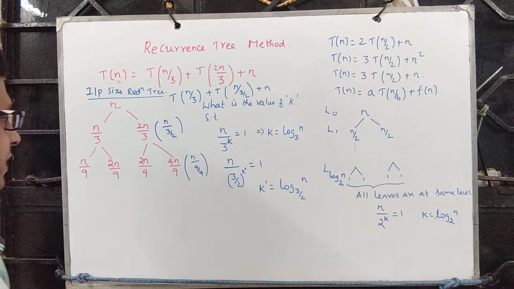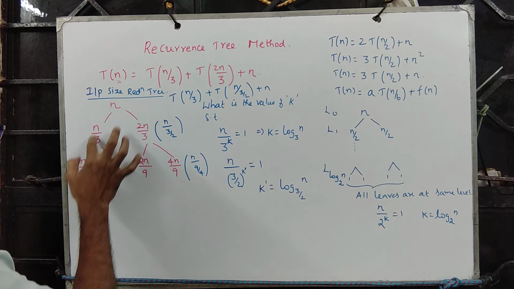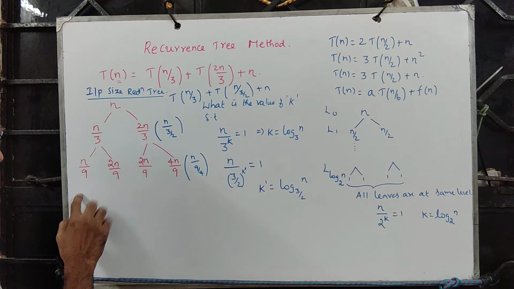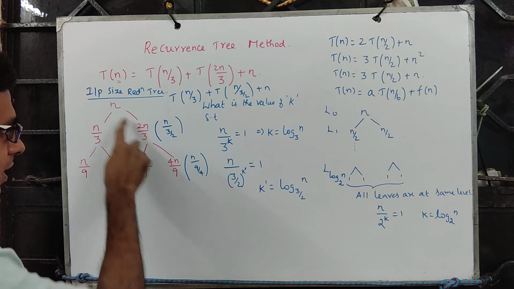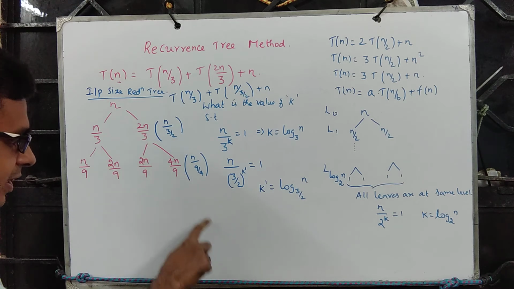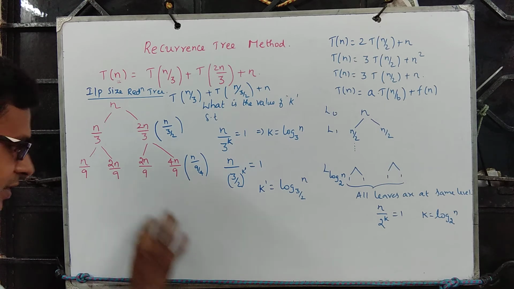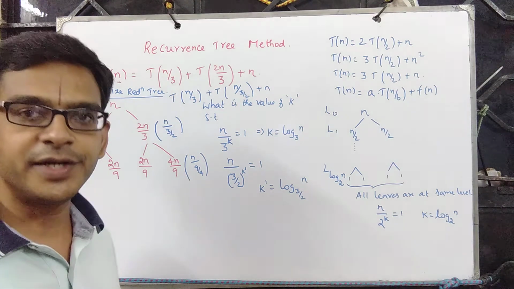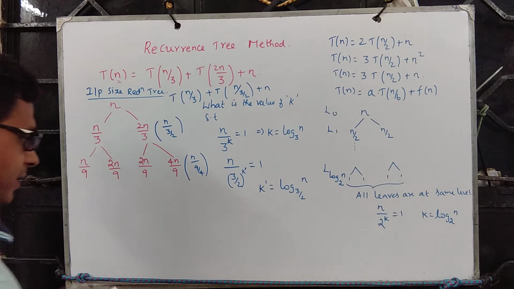Correct? So on one side you get to see n by 3, n by 9 reaches 1. On the other side you see that n, 2n by 3, 4n by 9 reaches 1. There will be other subtrees, they will also reach T of 1 subproblem. Fine? So what does that mean?